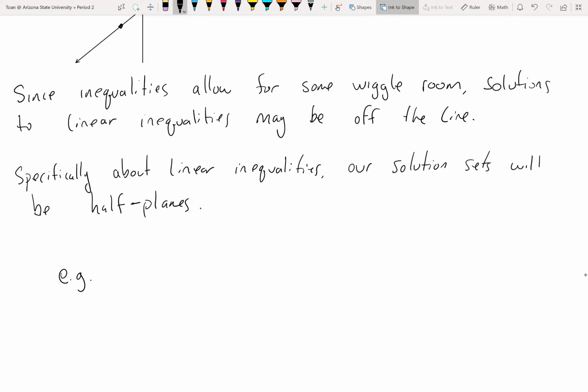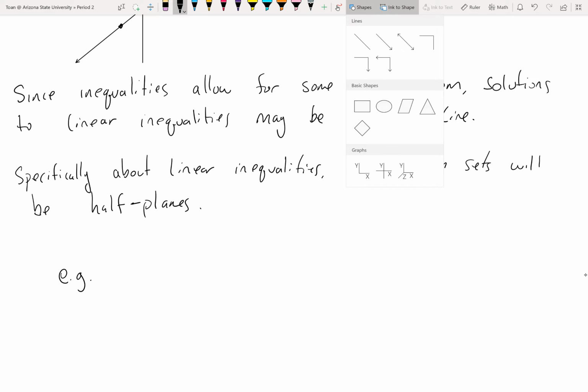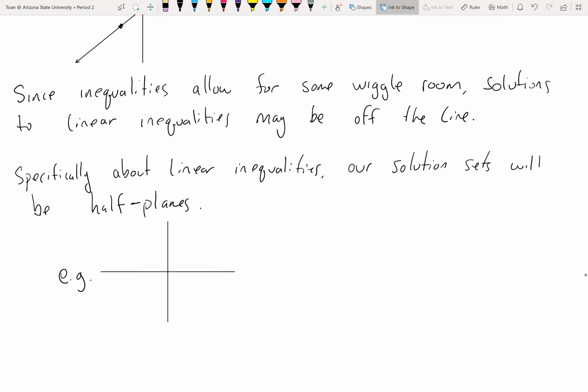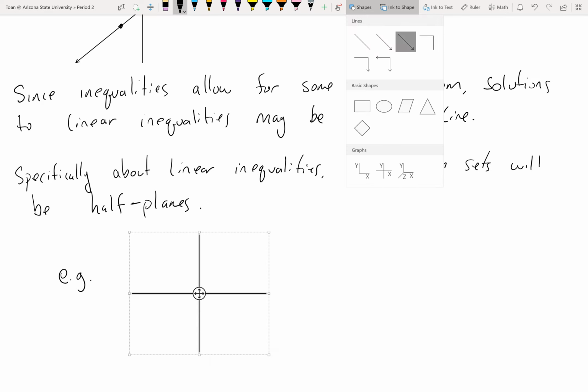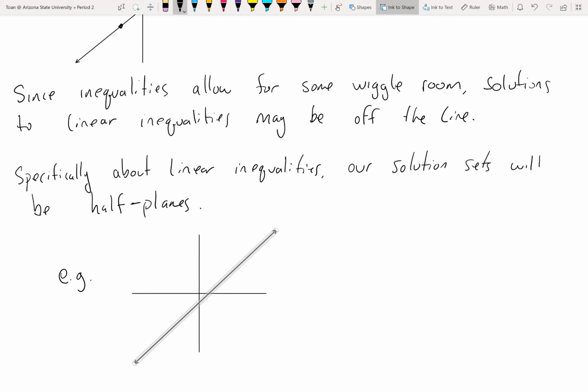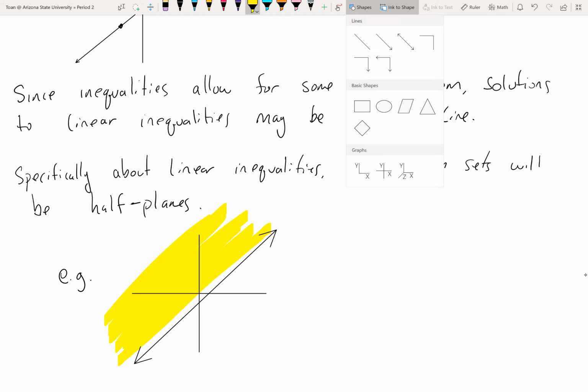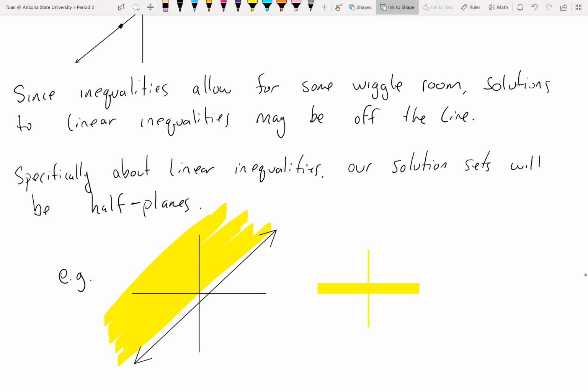Some quick examples here. So this line here would be an answer to a linear equation, but if it was an inequality, my answer could be every single point on this side of the graph. Or it could be, oops, I didn't want that.